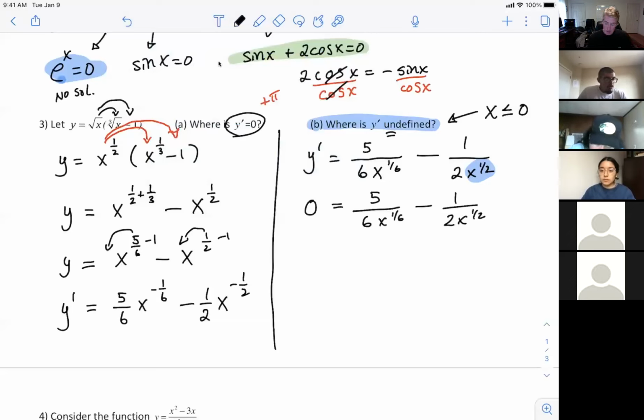So then what I would do is I would take this negative term and then I would move it to the other side so that the two fractions are equal to each other. So to save space, I'm just going to do it like that. So you move it to the other side, it becomes positive, and then the two fractions are equal to each other.